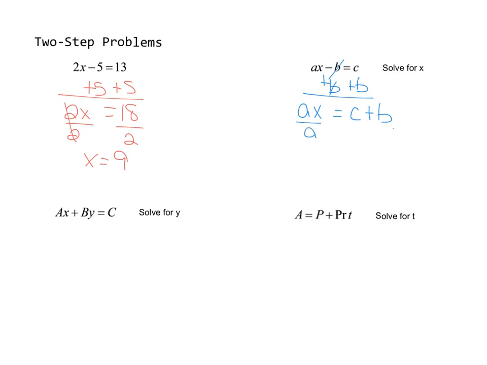Now look over here, I've got to divide the whole side by a, not by x. And you divide the whole side, so it looks, again, like I've said about a bazillion times, a little funky. So x equals c plus b over a. This is actually sort of the opposite of the one we just did a minute ago.